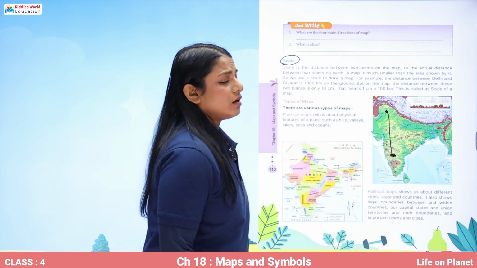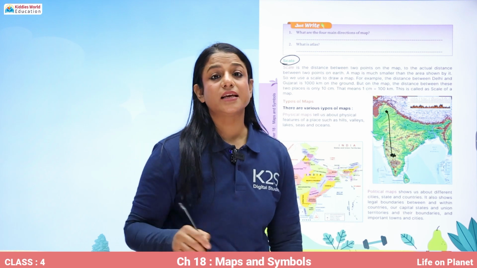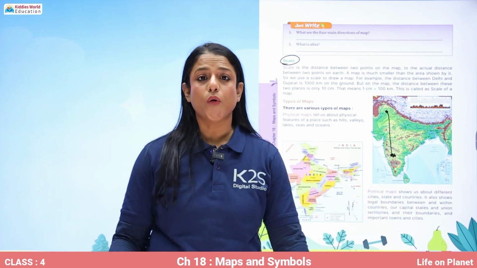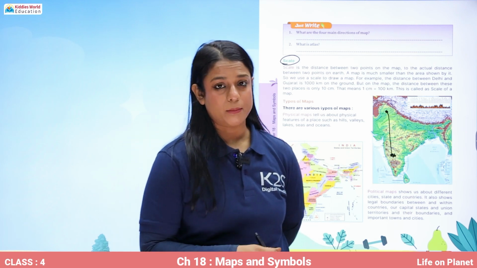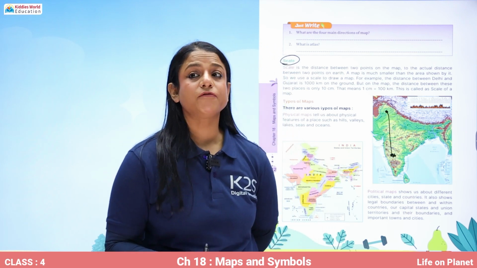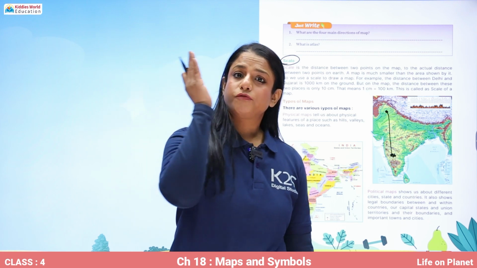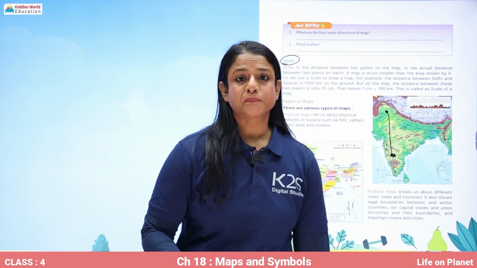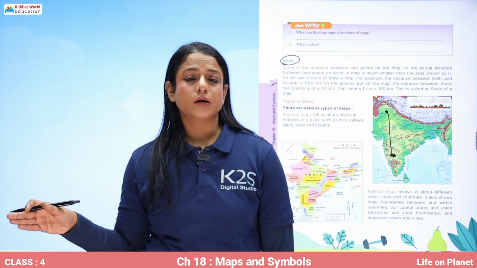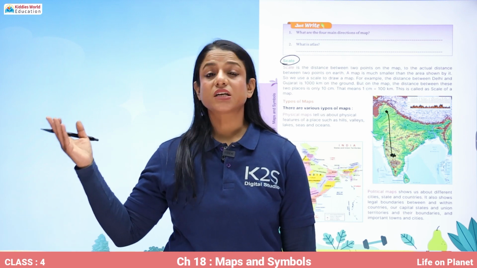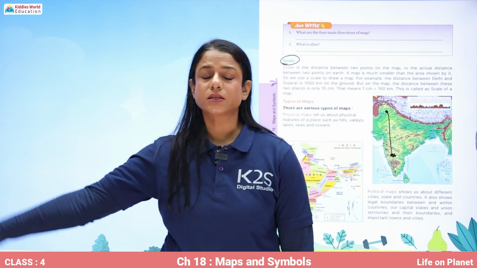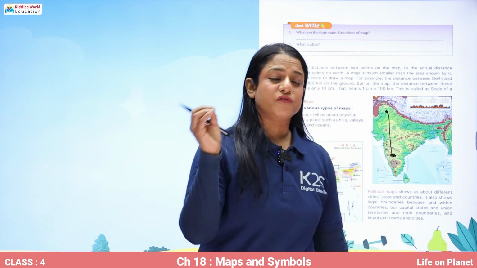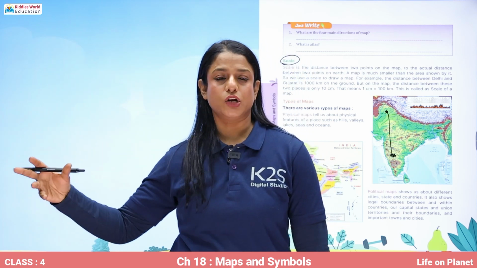Now, the actual distance is much, much more than the distance shown on the map. Supposing from New Delhi to Kashmir is 600 kilometers, then on the map we can't show 600 kilometers.